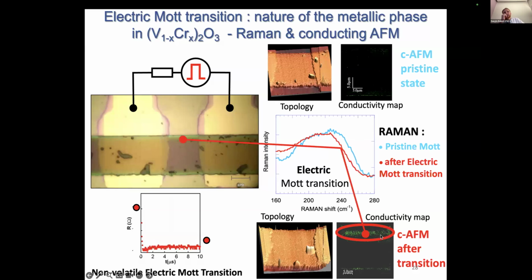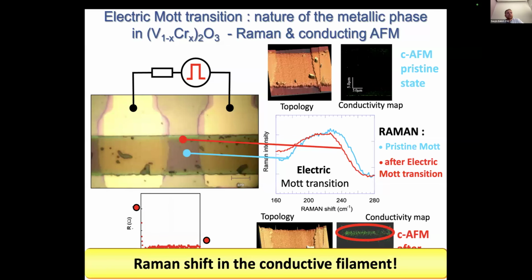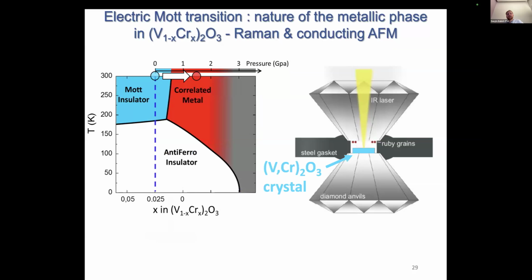The Raman fingerprint of such a system shows a switching of the Raman mode. We thought we might be doing something similar to the pressure effect. So we took such a material, put it in a diamond anvil cell, and checked what the Raman fingerprint would be for the correlated metal and for the insulating phase.